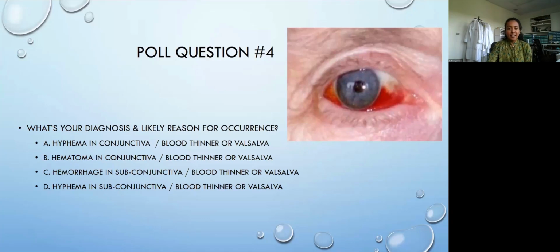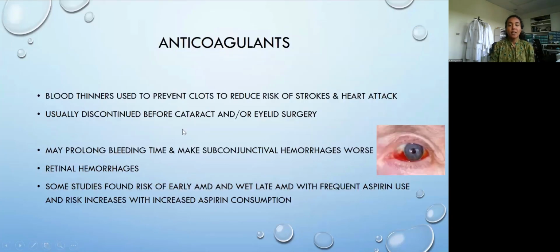Excellent. You guys got this correctly. So it is a hemorrhage in the subconjunctiva. So subconjunctival hemorrhage. So remember that blood thinners are used to prevent clots, and they can be used to reduce strokes and heart disease. And they are usually discontinued before cataract surgery and or eyelid surgery.